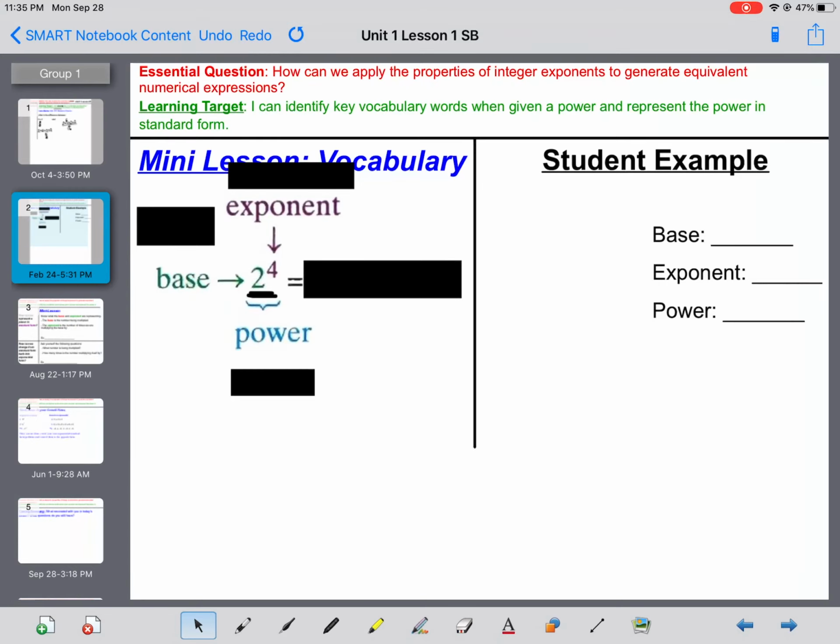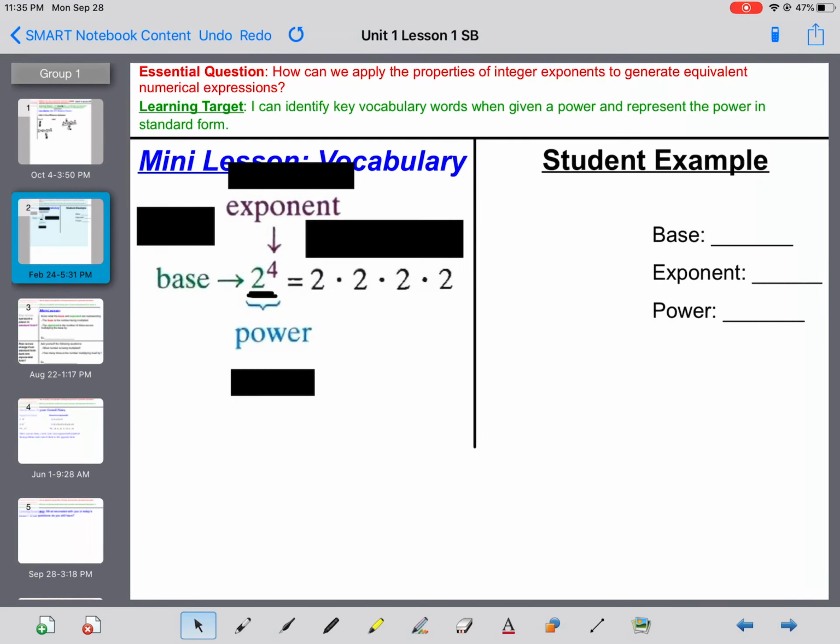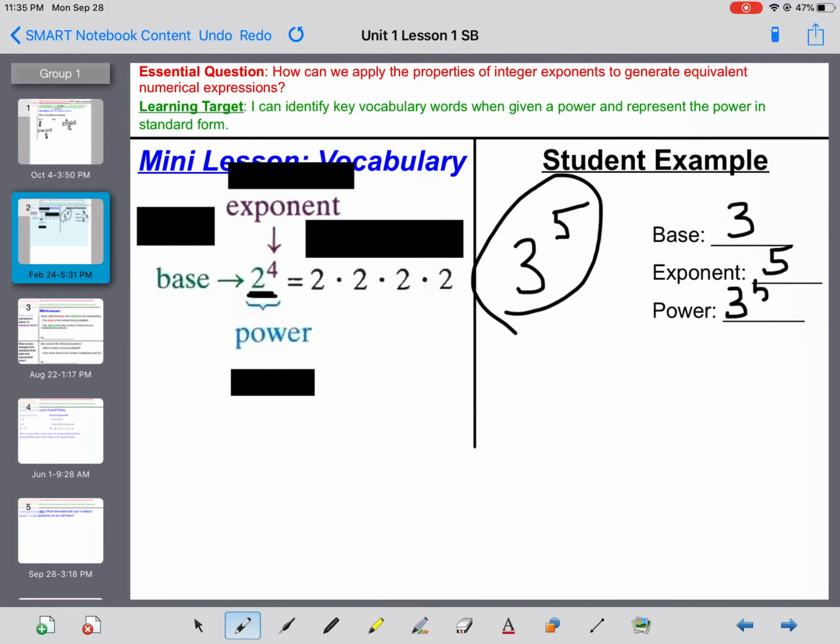Another way to write 2 raised to the 4th power, just like we showed in the brain starter, is 2 times 2 times 2 times 2, 4 times. Another example: 3 raised to the 5th power. The base is 3, the exponent is 5, and the power is the entire thing, 3 raised to the 5th power.